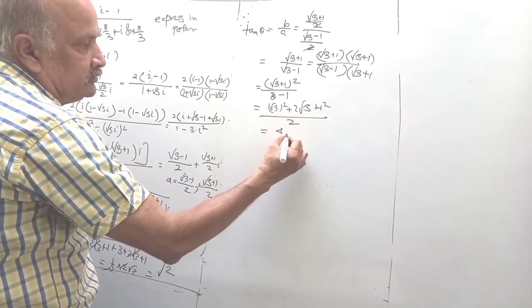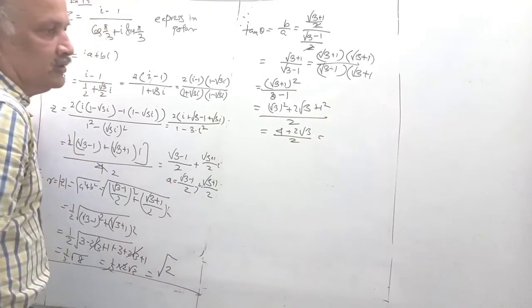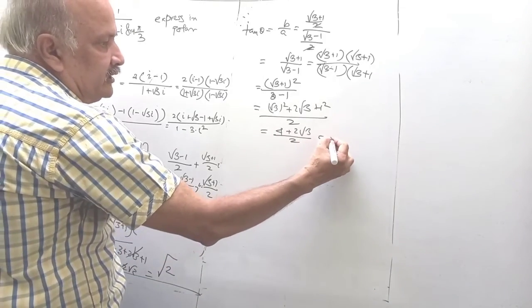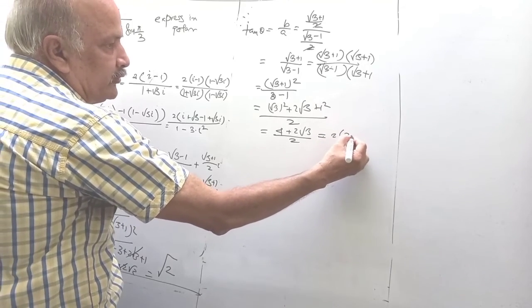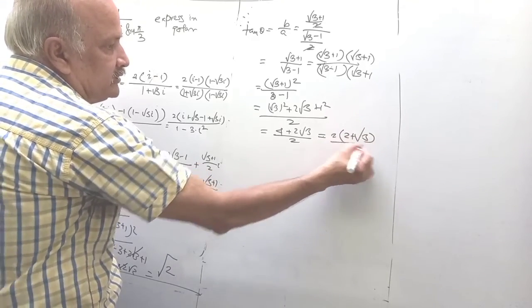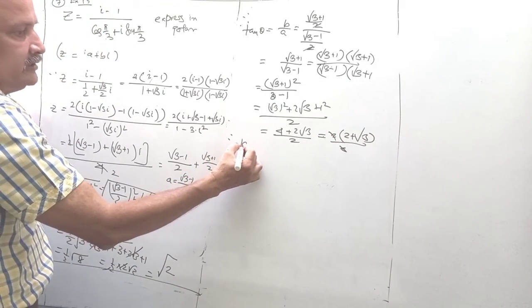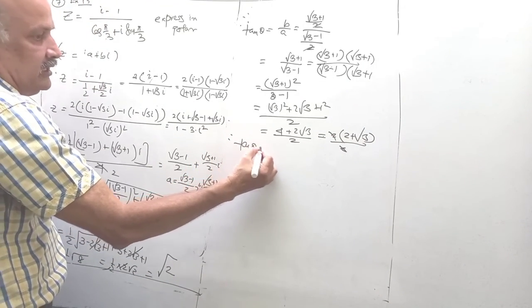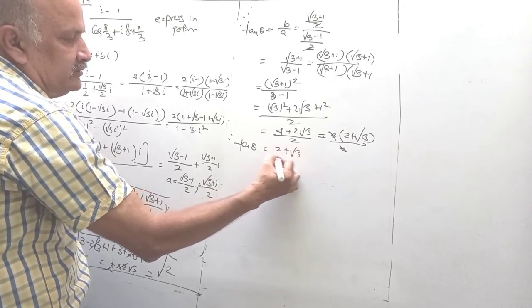Taking 2 common, this value equal to 2 plus root 3 divided by 1. Now what final value have we got here? Tan theta equal to 2 plus root 3.